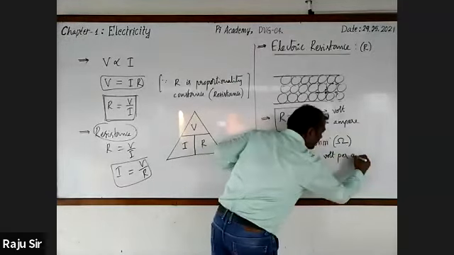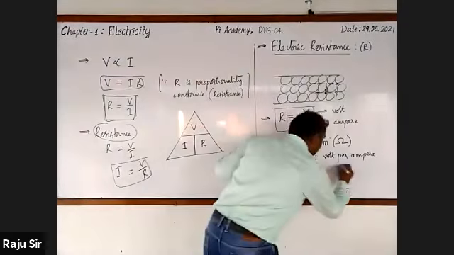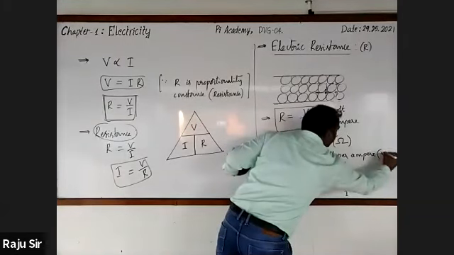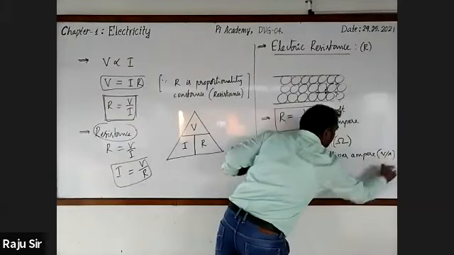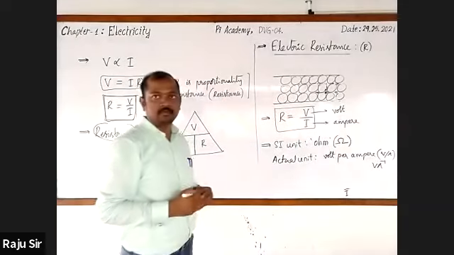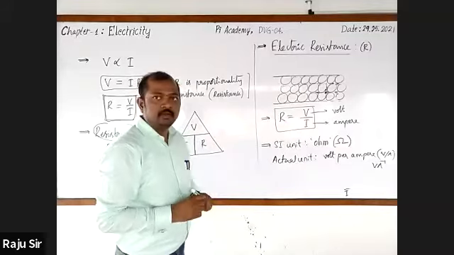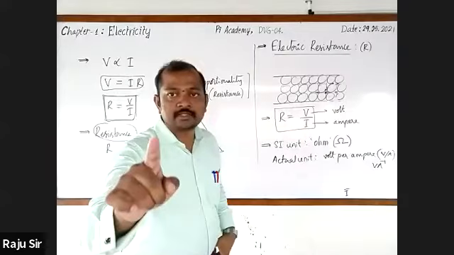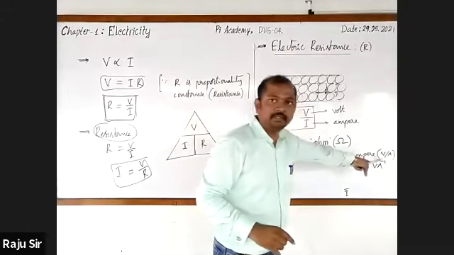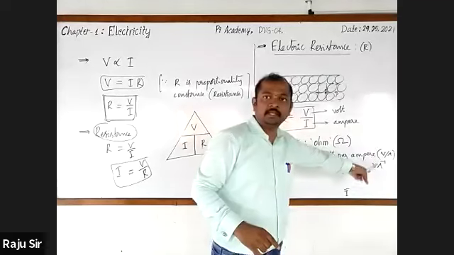Symbolically, it can be written as V by A, or V A raised to the power minus 1. Follow? Did you understand? It is V by A, where V is volt and A is ampere.